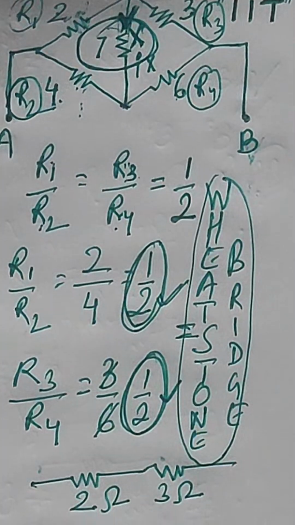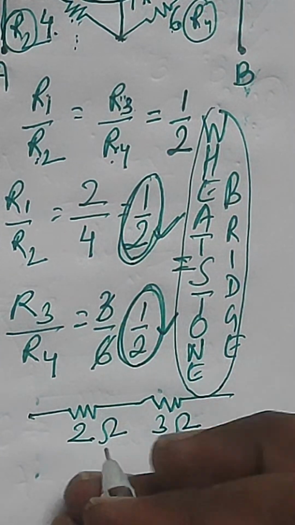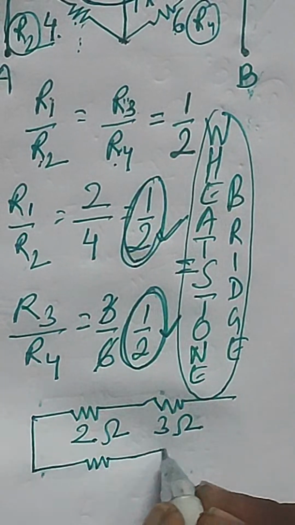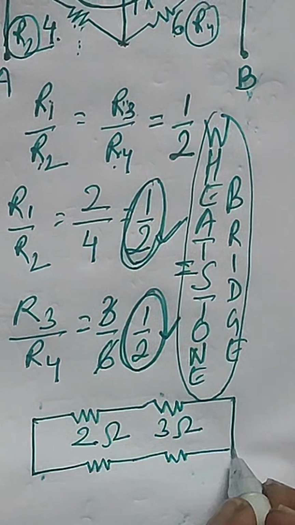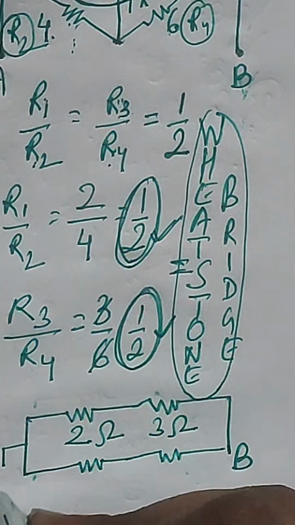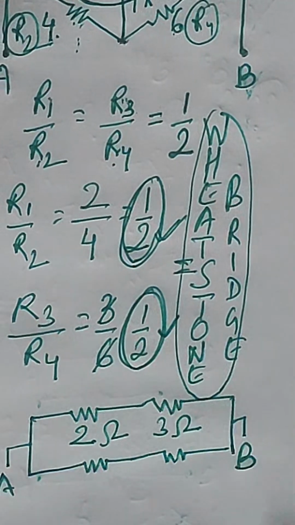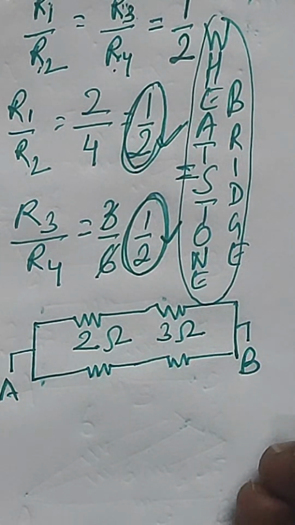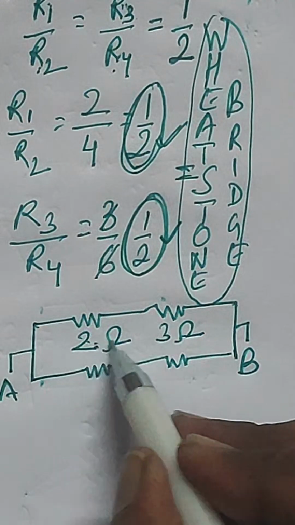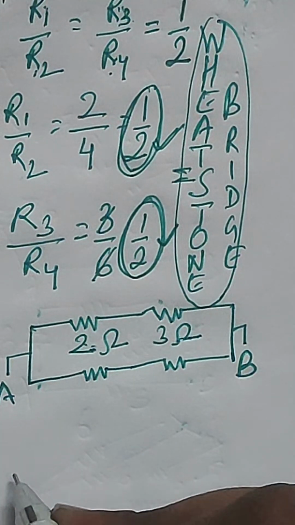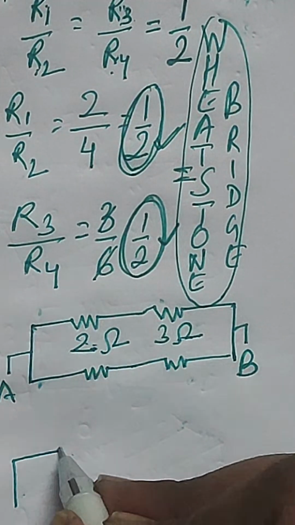So the above circuit will be simplified as this 4 ohm and this 6 ohm. Here we have B, or we can say here we have A. So this is very simple. Here 2 and 3 are series connected. So what is the equivalent resistance? Just simply add it.